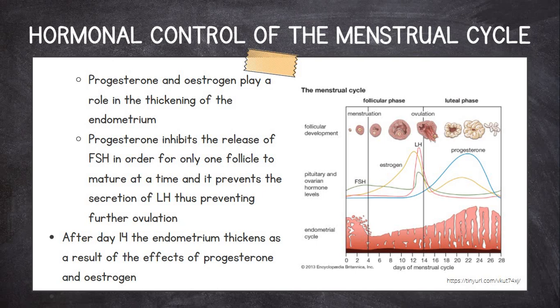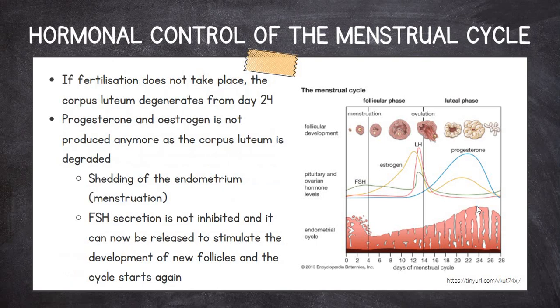After day 14, the endometrium thickens as a result of the effects of progesterone and estrogen. So as these levels increase, you will see an increase over here in the thickening of the endometrium. If fertilization does not take place, the corpus luteum degenerates from day 24 onwards.